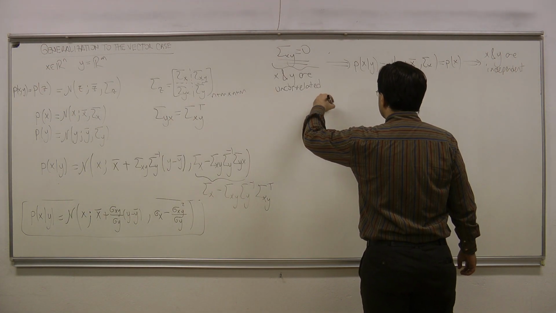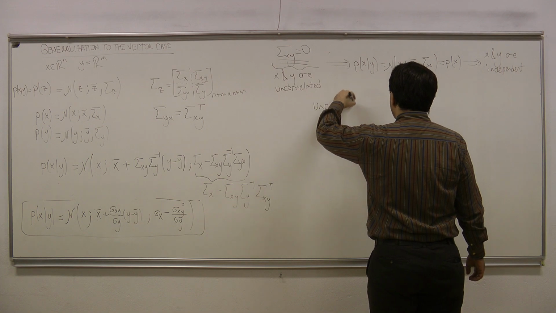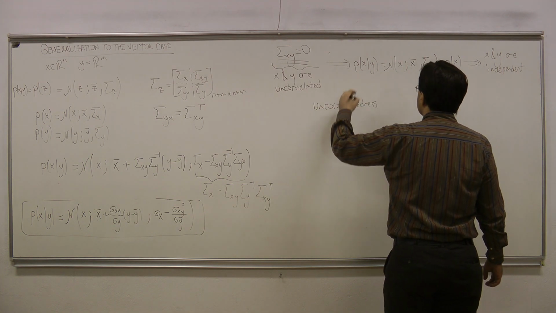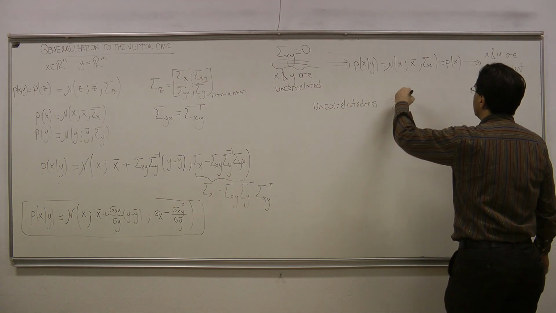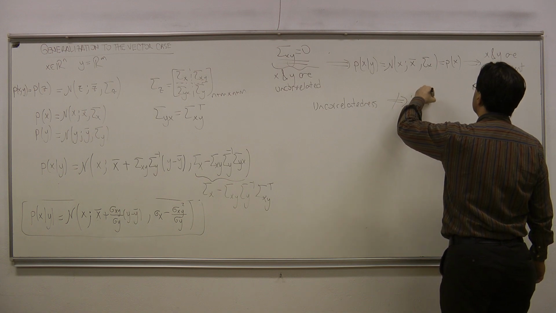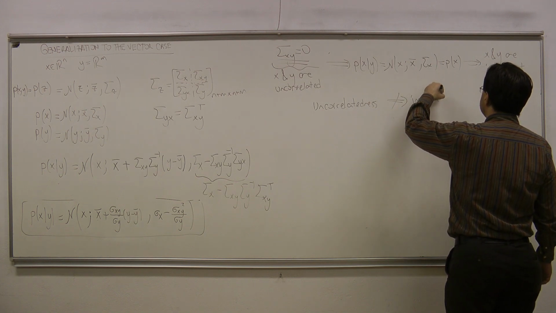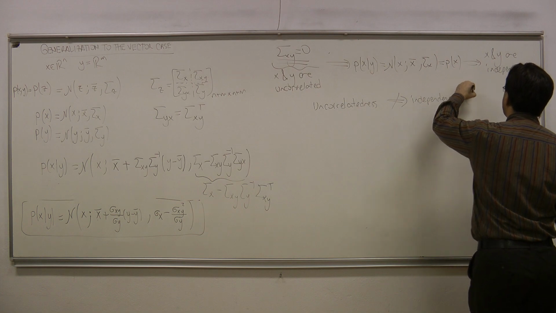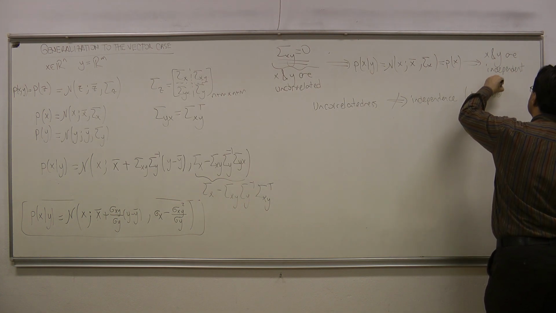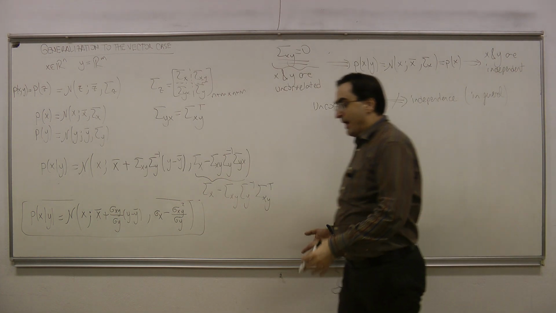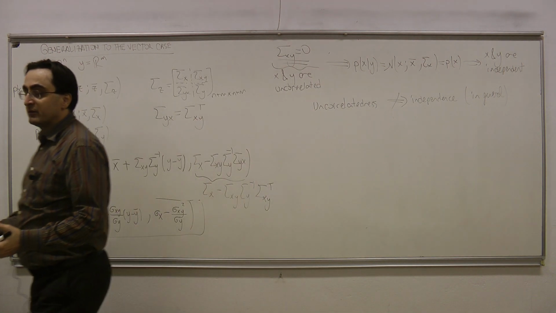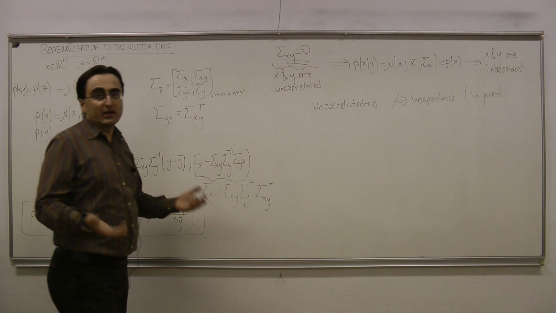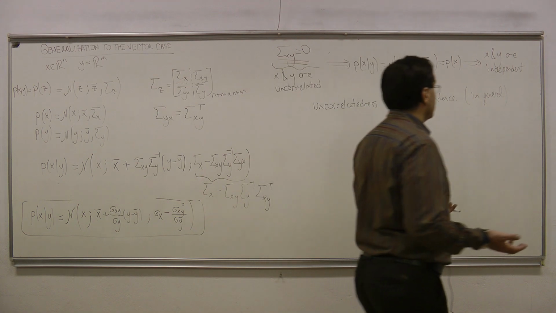So we see here something very, very important. In general, uncorrelatedness does not imply independence. Remember, independence implies uncorrelatedness, but uncorrelatedness does not really imply independence in general.